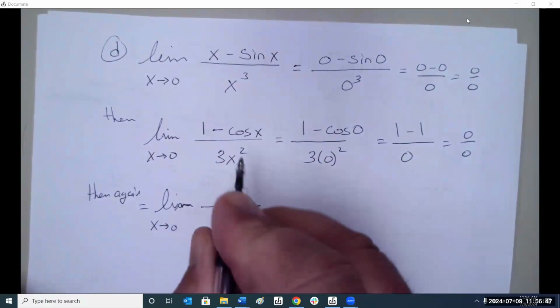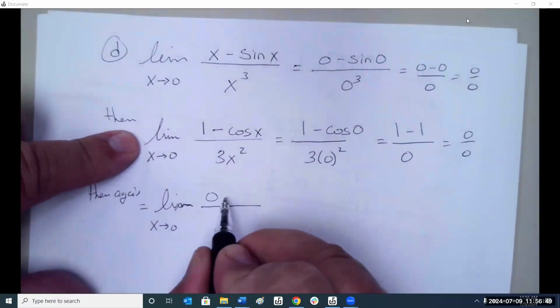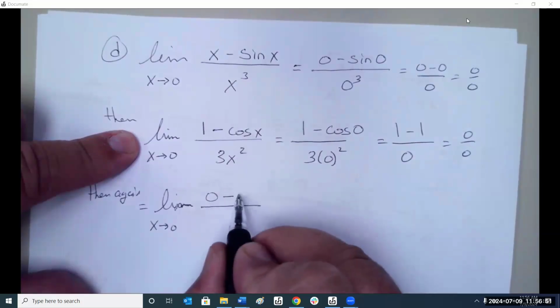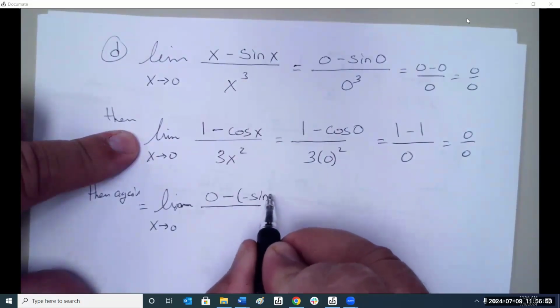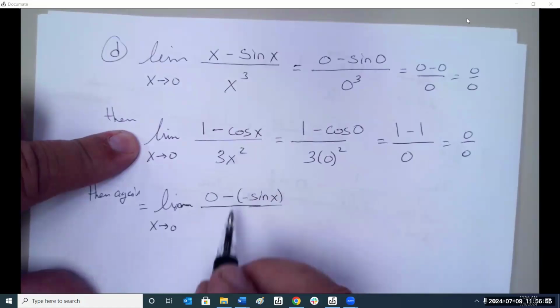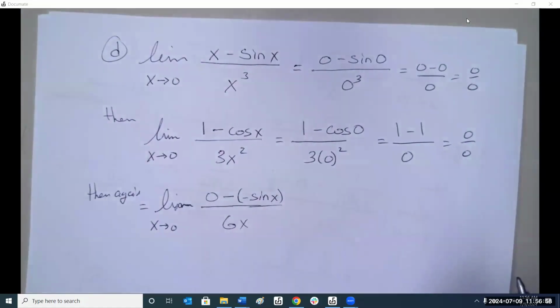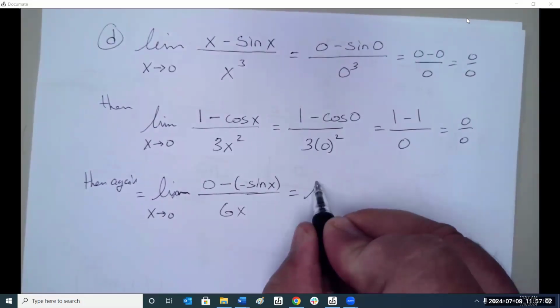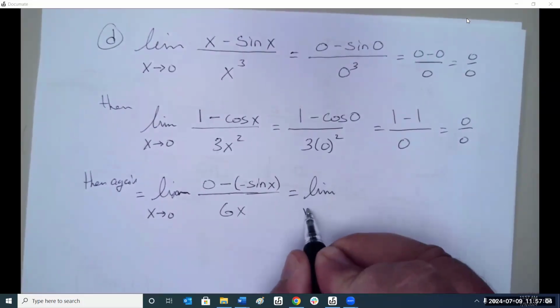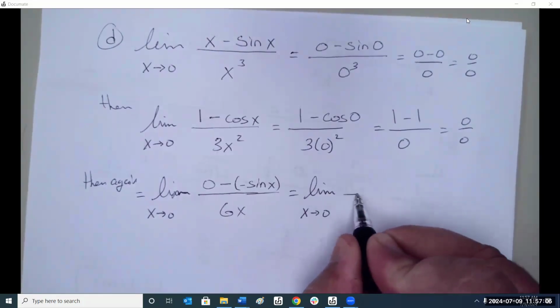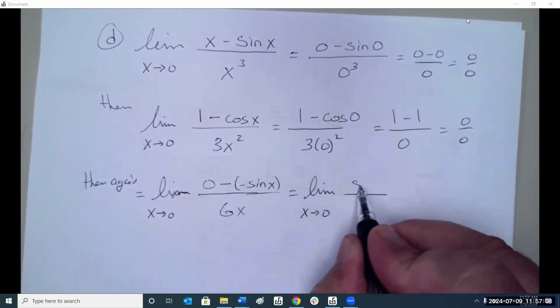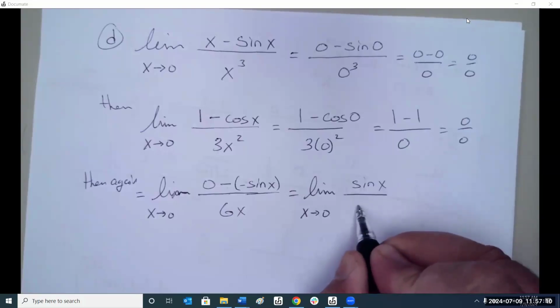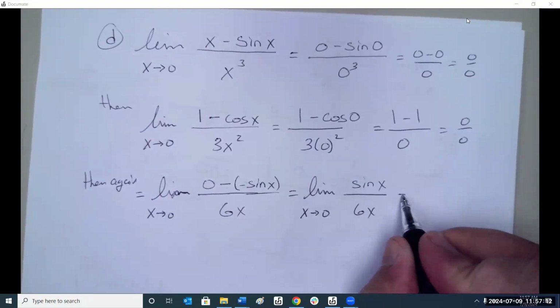As x approaches 0, the derivative of 1 is 0. Derivative of cosine is negative sine, over 6x. Negative makes me a positive, so it's positive sine x over 6x.